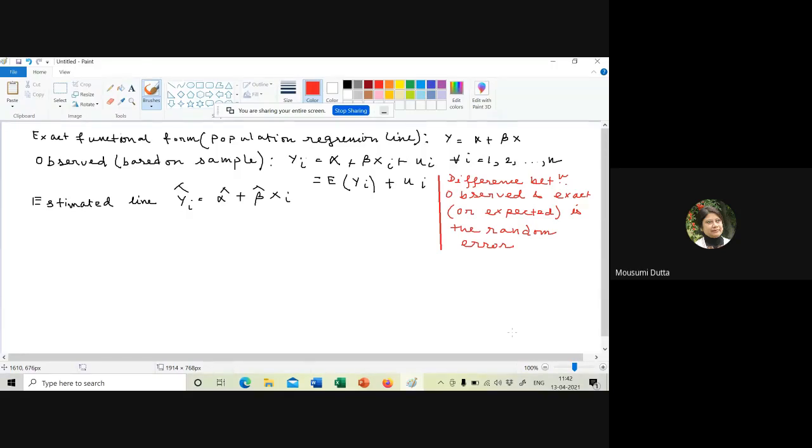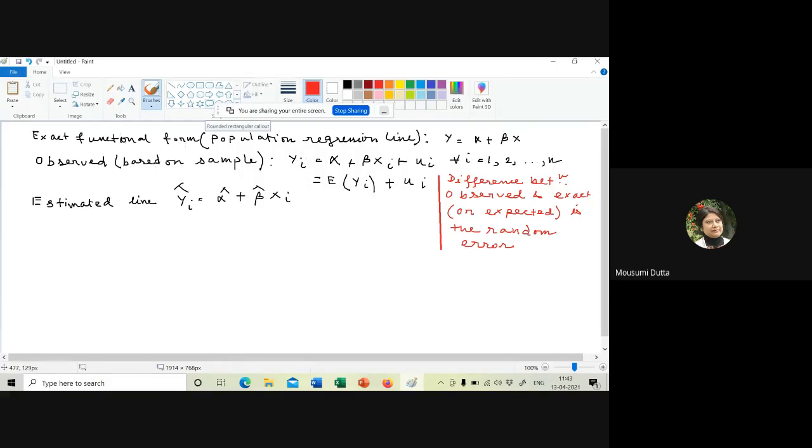Okay, or expected value of the sample regression, that is expected value of yi plus ui. Expectation of yi means expectation of the sample counterpart, and the total expectation of yi, this term indicates the population counterpart.